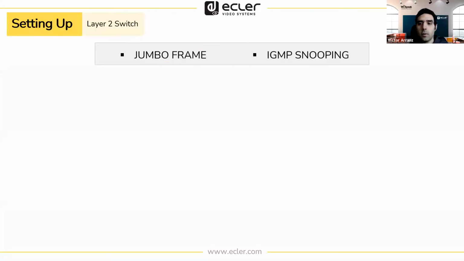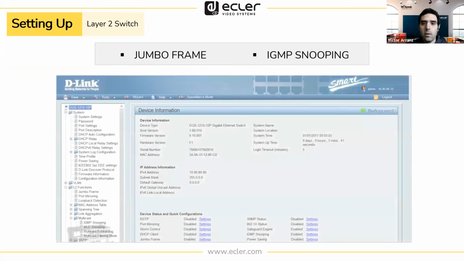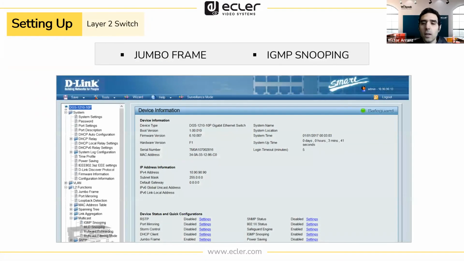First of all, it's very important to activate jumbo frame. Okay, here you have our main scheme of the switch we are using, the layer 2 switch we are using. As you can see here, we have jumbo frame enabled. I know that there are some switches that do not label this functionality per se, and what you need to do is actually increase the size of the frame packet.